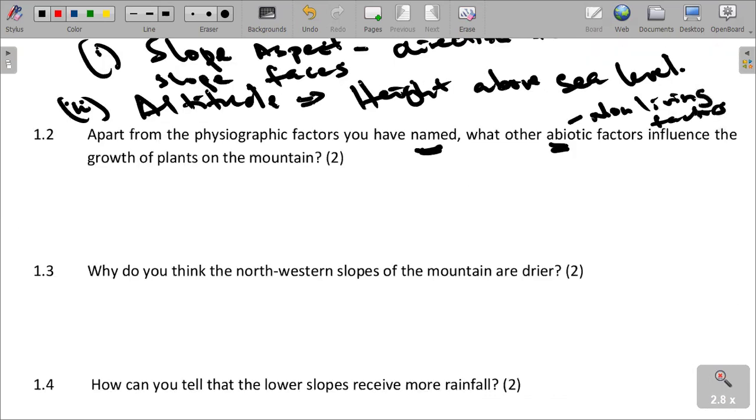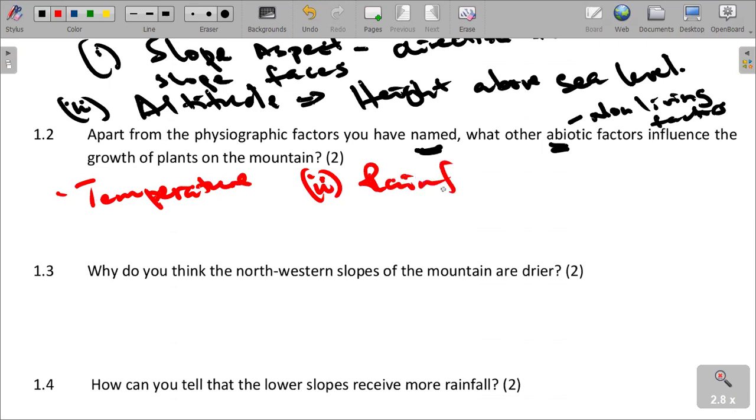So other factors that can affect the vegetation there are temperature, rainfall, and soil type.